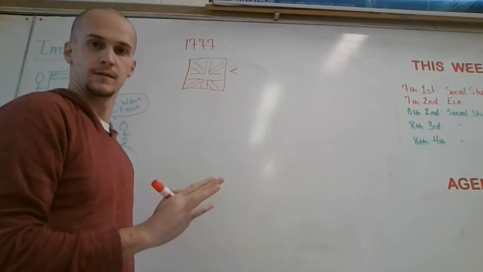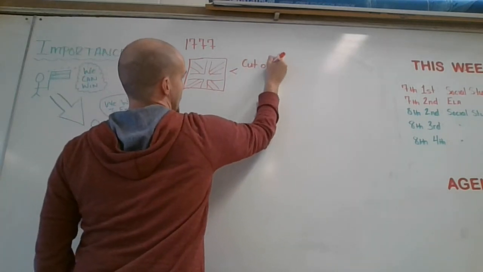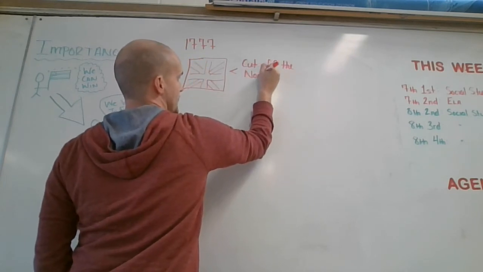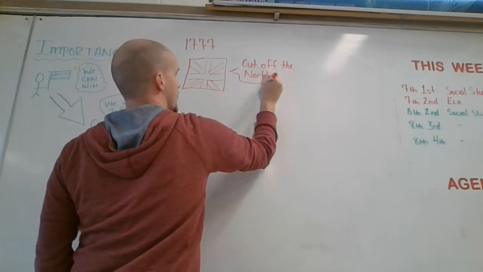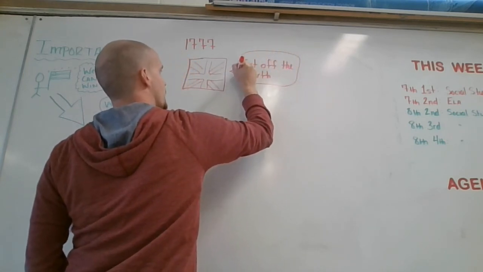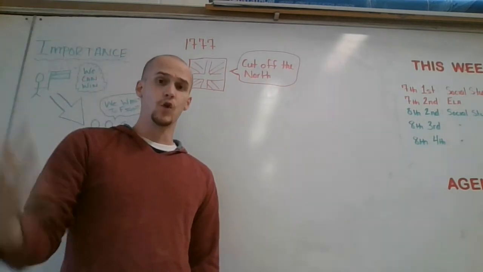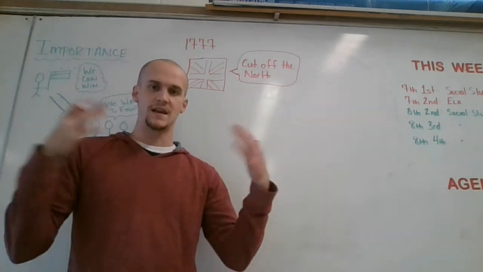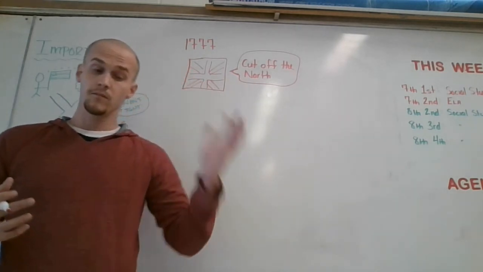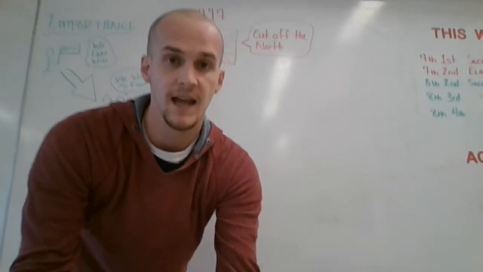cut off the North. Cut off the North from everybody else. Because they believe that if they cut off the northern people, that the loyalists to Great Britain would eventually be able to wear down the middle and the southern colonies, which would lead to the surrender of the colonies as a whole.